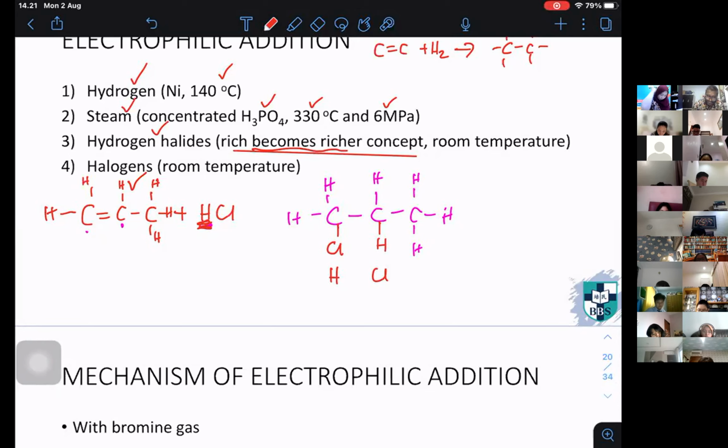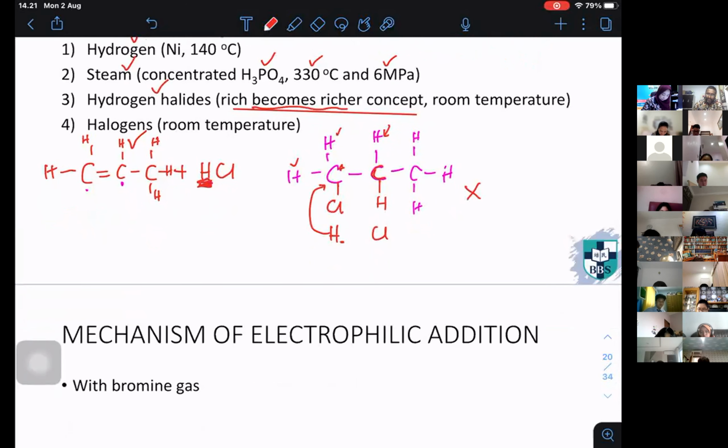This carbon has only one hydrogen attached, while this carbon has two hydrogens attached. So hydrogen will come here, and the major product will be CH3CHClCH3, something like this. This is quite important, and all this will happen at room temperature.